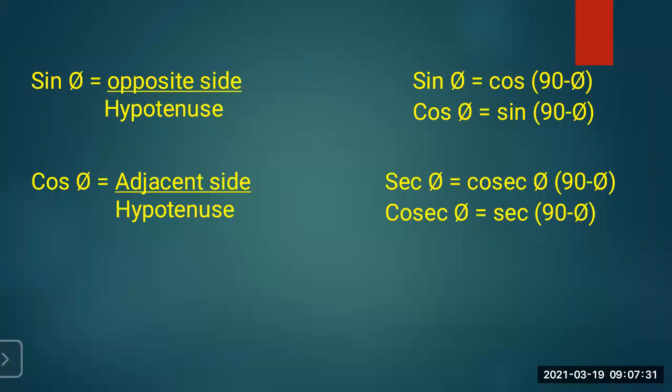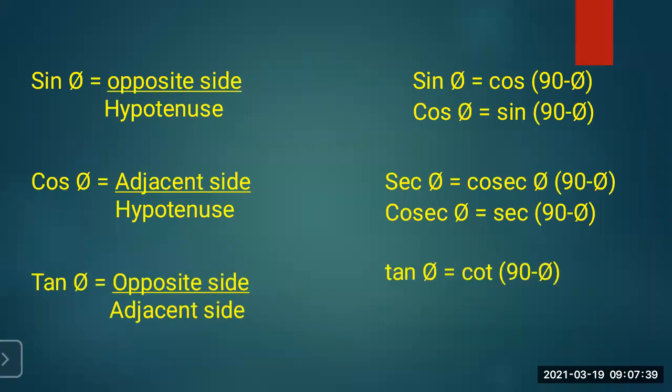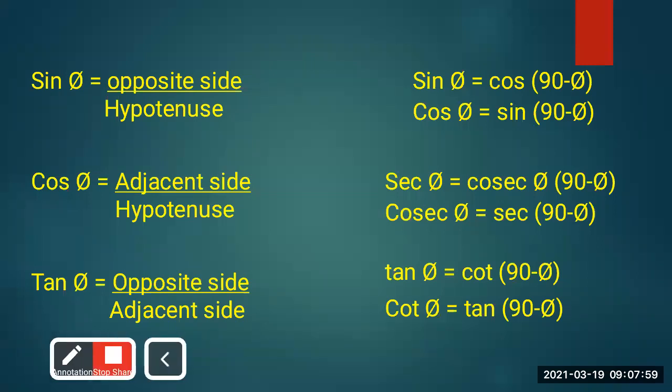So this is again a vice versa. Then the third trigonometric ratio, tan theta, equals opposite side upon adjacent side, and the relation between tan and cot is that tan theta is equal to cot 90 minus theta, and cot theta is equal to tan 90 minus theta.